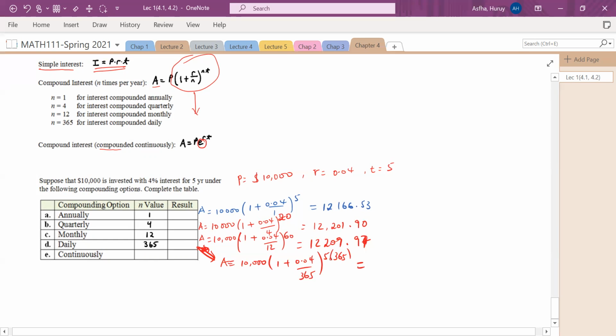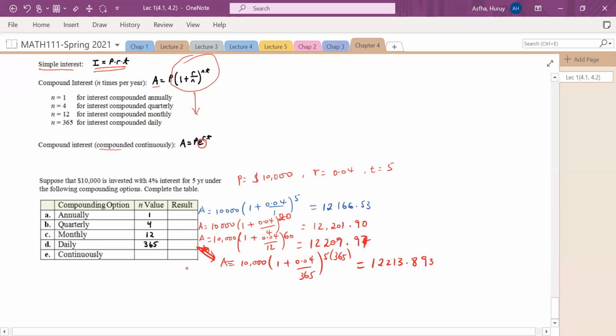Let me use my calculator. And this is the result.